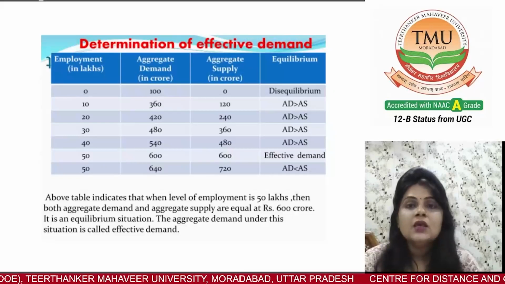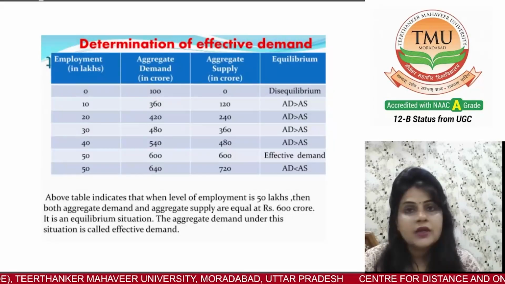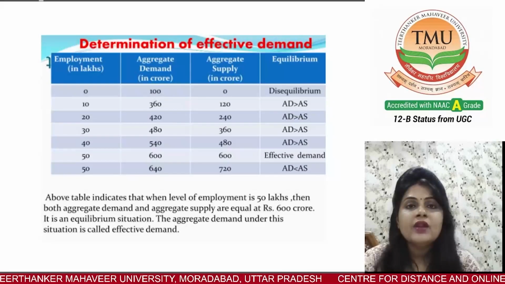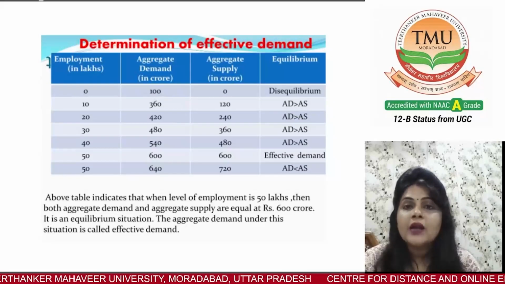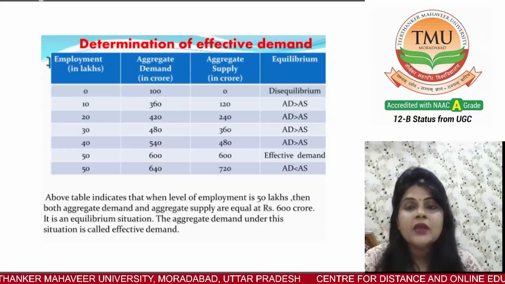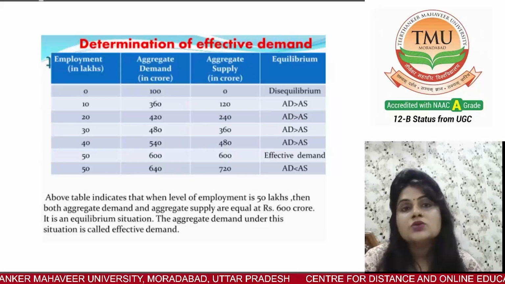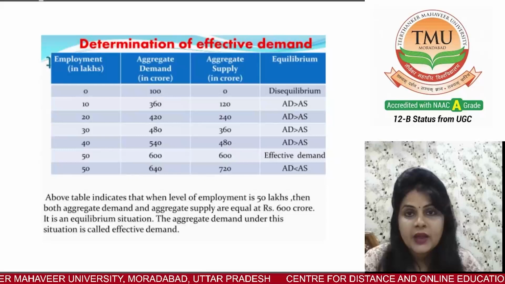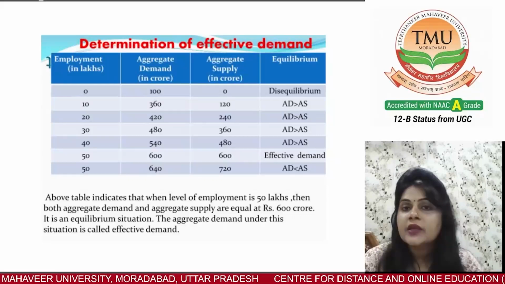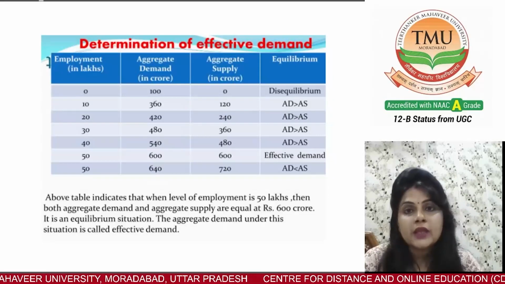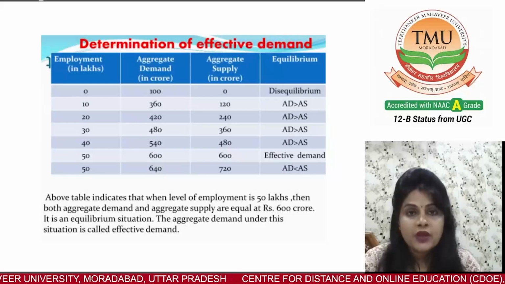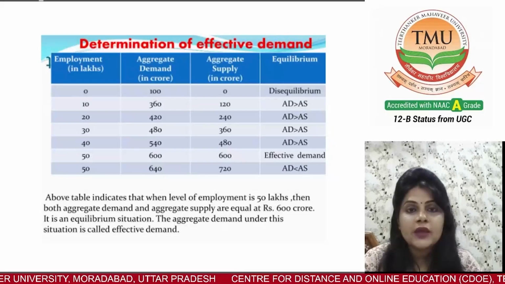Here you can see a disequilibrium, and at this level the aggregate demand is more than the aggregate supply, so the companies keep increasing the number of employed workers, and here also aggregate demand is more than aggregate supply, and it is the equilibrium point where aggregate demand is equal to aggregate supply.